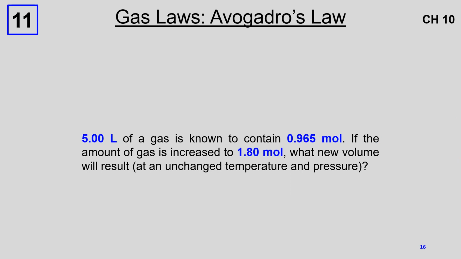So we've seen Boyle's law, Charles's law, Gay-Lussac's law. The fourth gas law is Avogadro's law. As you're familiar with Avogadro's number, that's related to the number of moles. And so according to Avogadro, the number of moles and volume are directly related.